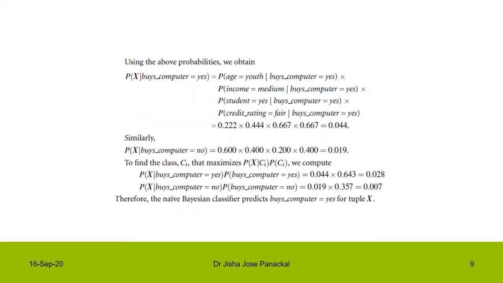Then, using the above probabilities, we obtain the probability of x conditioned on buys_computer yes. Here we have the probability of age equal to youth given buys_computer yes, times, based on this given tuple, the probability of income equal to medium given buys_computer yes, times the probability of student yes given buys_computer yes, and we calculate the value and get 0.044.